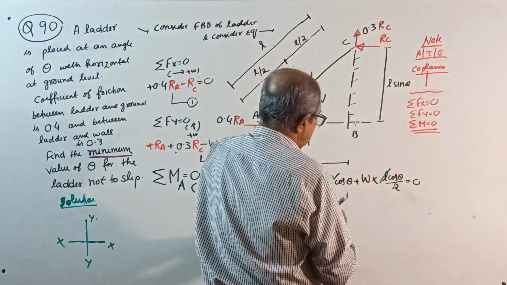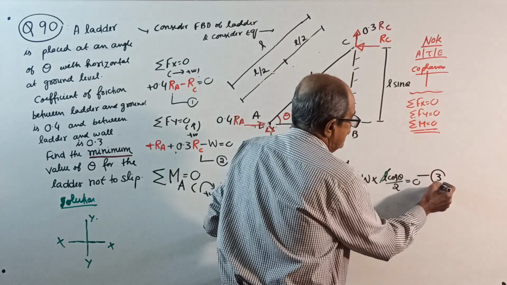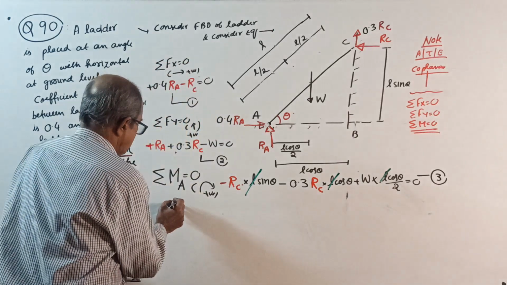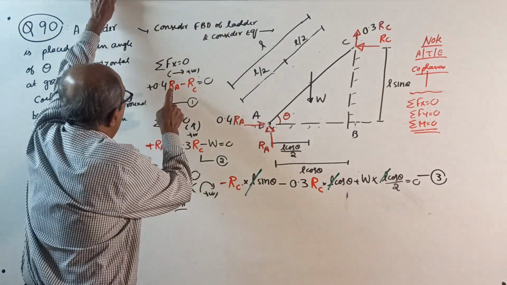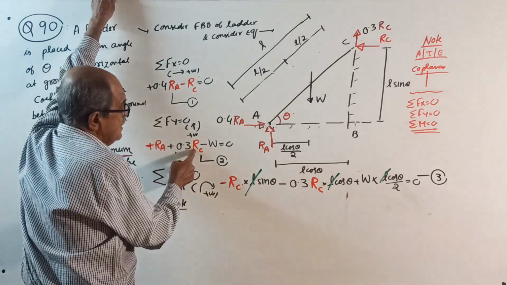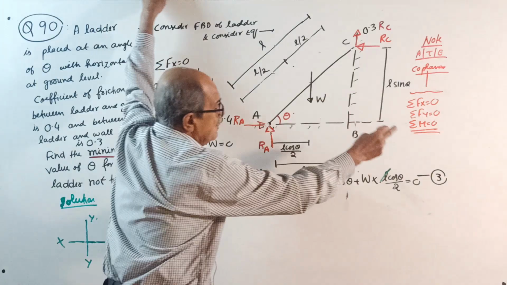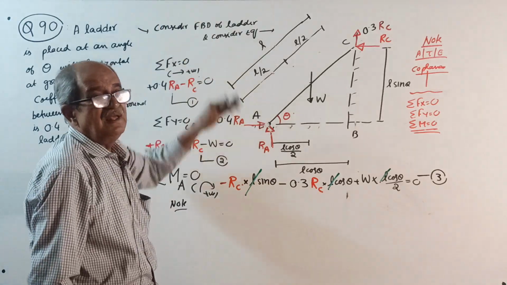Now don't simplify. Take this as equation number 3. Now you have to solve 1, 2, 3. Now make a note here: RA in terms of RC. Here also RA in terms of RC. W is not unknown. But when you take sigma M0, RA is not there, RC is there.